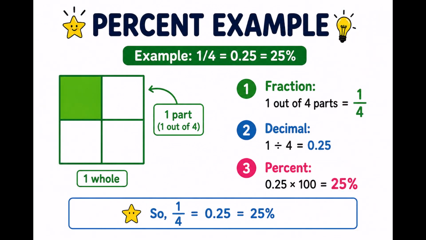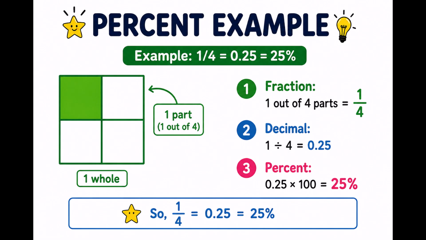So now let's look at an example of percent. Changing a fraction into a decimal and a percent. Start with the fraction. We have 1/4. This means 1 out of 4 equal parts. The picture shows one shaded part out of 4 parts.